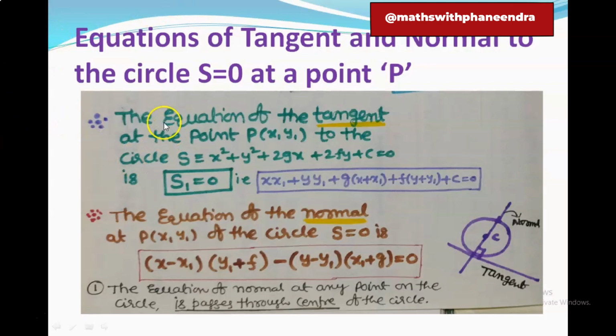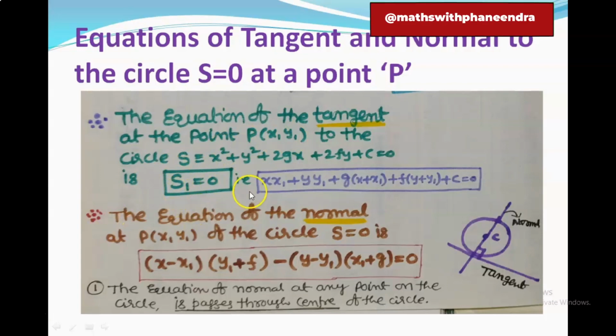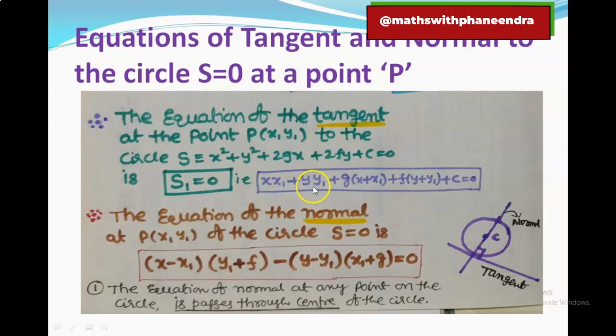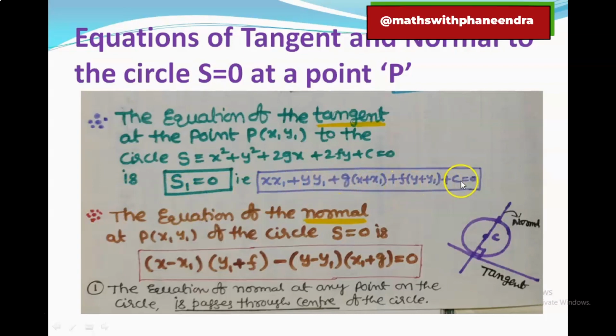So, first point, the equation of the tangent at the point P(x1, y1) to the circle S = 0, where S = 0 is the general equation of the circle. I already discussed in the previous classes what S means. So the tangent is S1 = 0, that is x·x1 + y·y1 + g(x + x1) + f(y + y1) + c = 0.